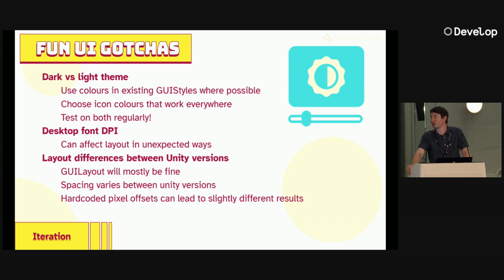If you're sticking to something like GUI layout, it's mostly the same, but the spacing can differ between versions, and if you end up having hard-coded pixel offsets, you probably have to put them on a macro to change between Unity versions.